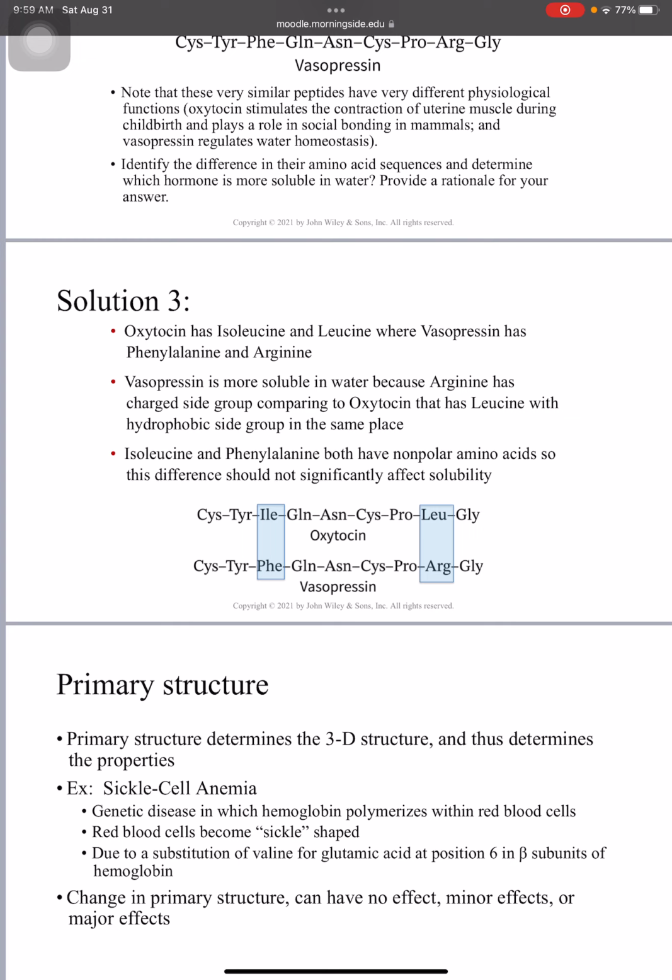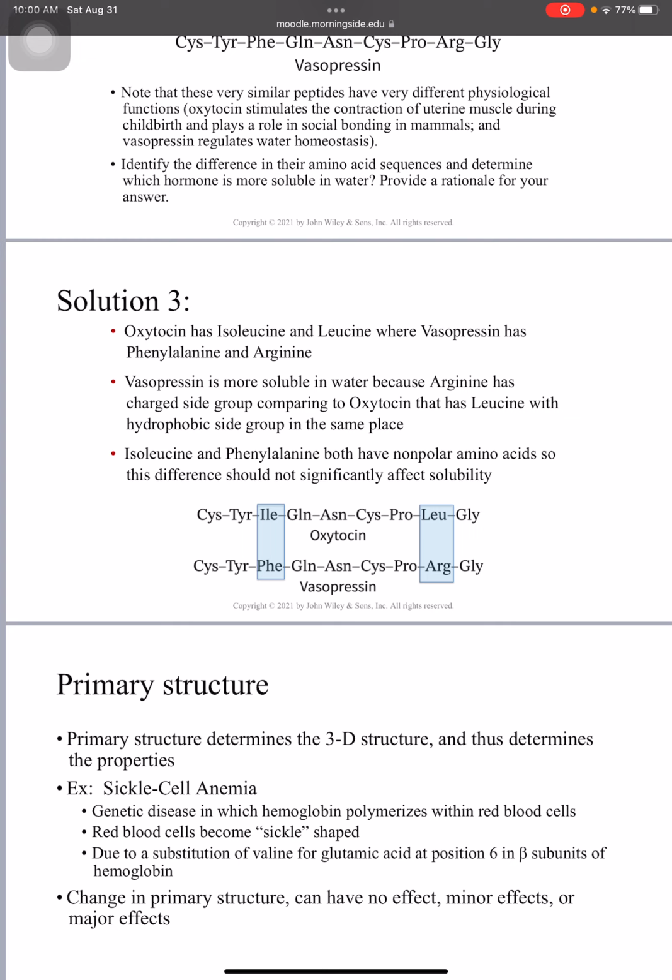I don't have the amino acid chart handy here, but you guys can look it up. This substitution of phenylalanine versus isoleucine wouldn't really make much of a difference as far as water solubility because they both have very nonpolar side chains, right? Both of them are hydrophobic. So they both like to dissolve in the same things.